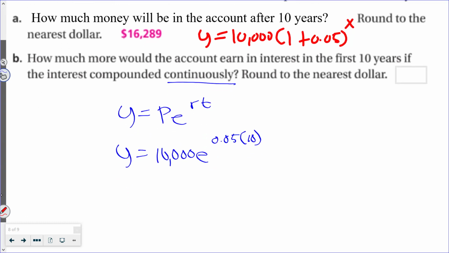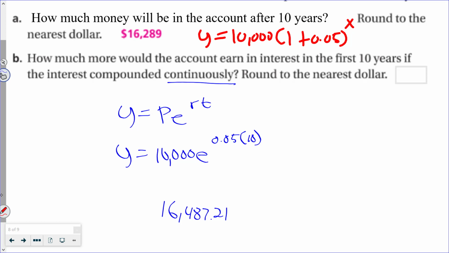I got 16,487.21. All right. Now, did you answer the question? This is correct, but did you answer the question? No. What's the question asking you? How much more? But this is exactly what you must do first.